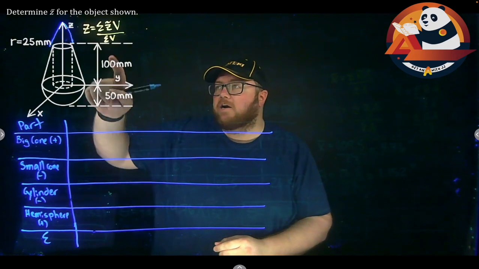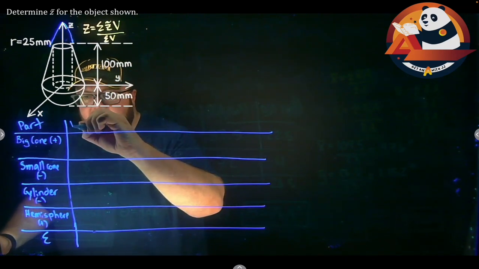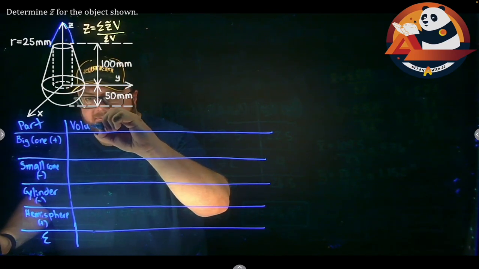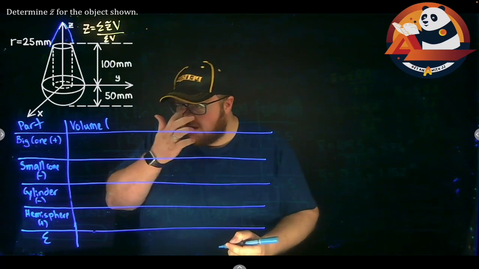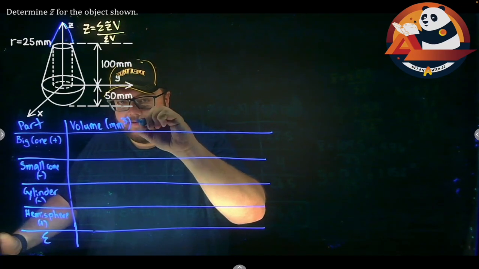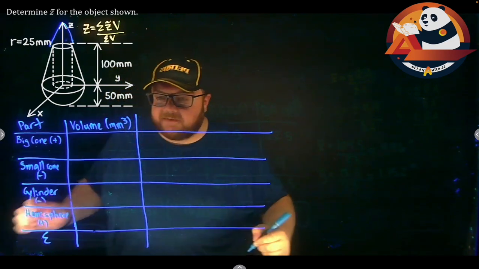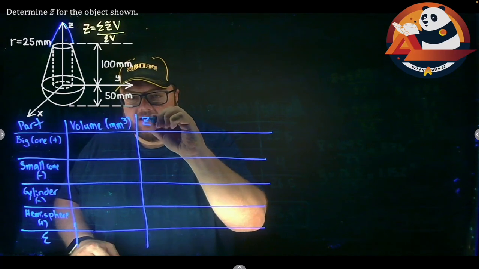So I need a column for every variable that showed up in this. So I need volumes. So it's my volume. And that's going to be in, I have millimeters, so I'm going to get millimeters cubed. My next piece, I have a z tilde. So z tilde.